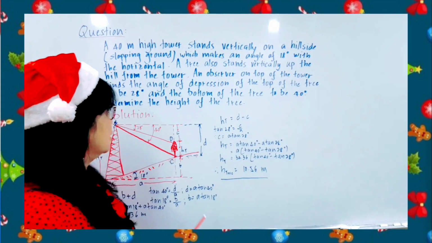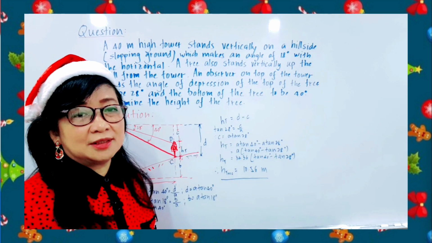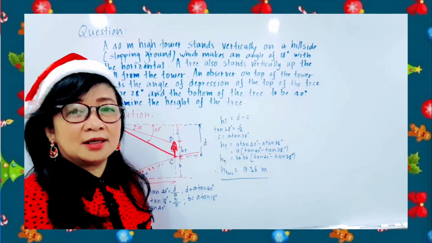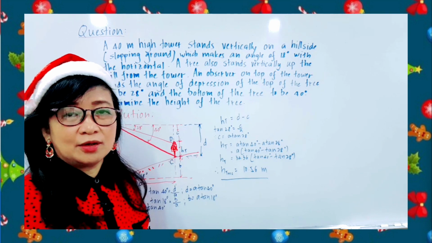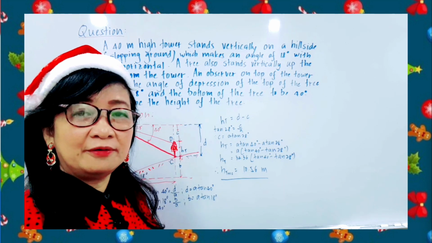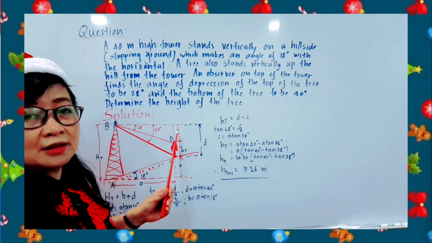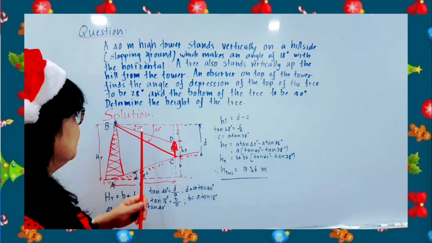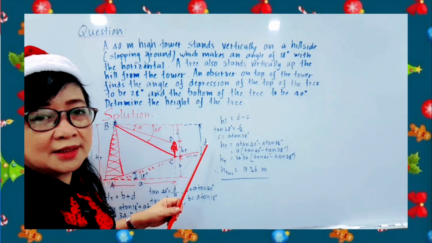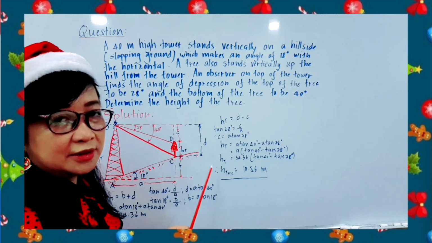Now, for this question, there are two ways to solve it. You can use the trigonometric identity, or you can solve it using the law of sine. First, I will show you using the tangent function. To minimize the time, I have already written the solution.